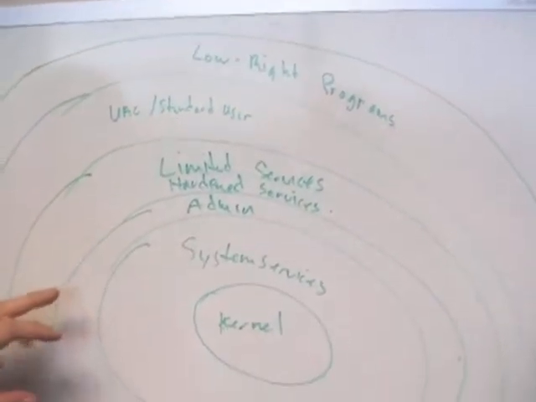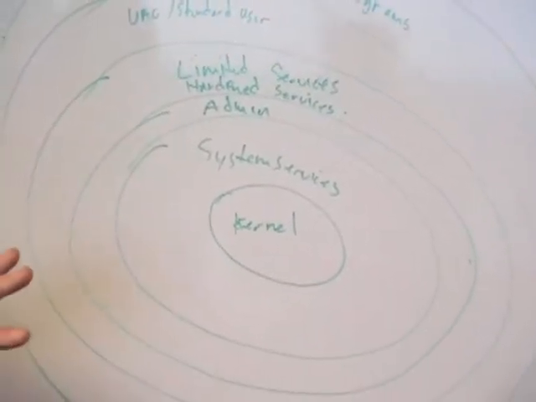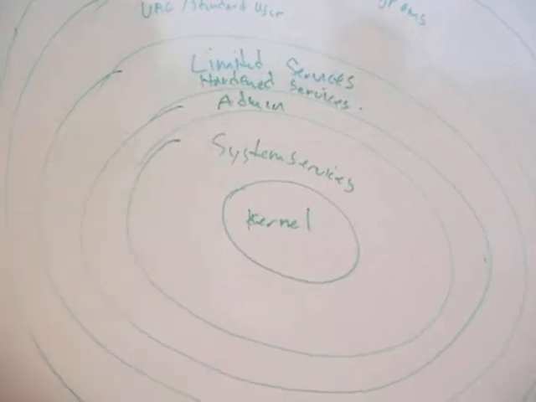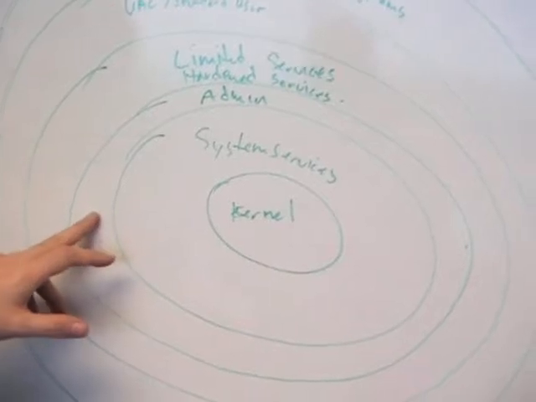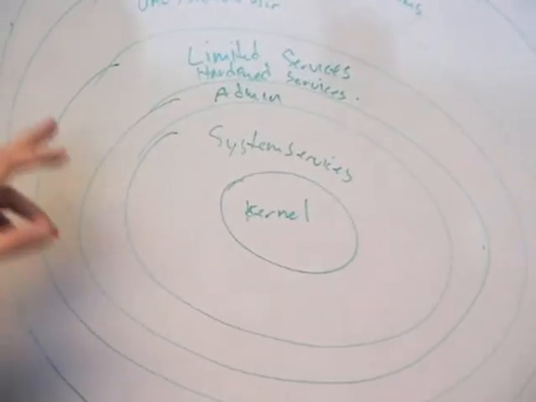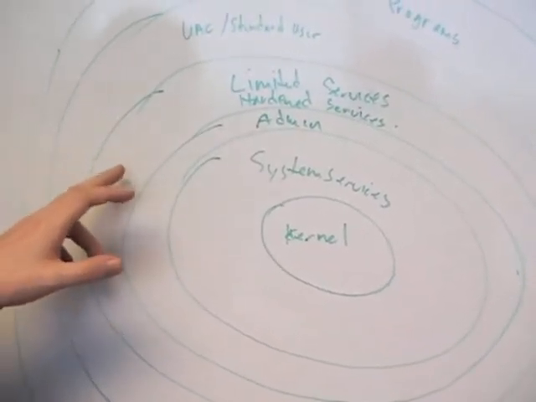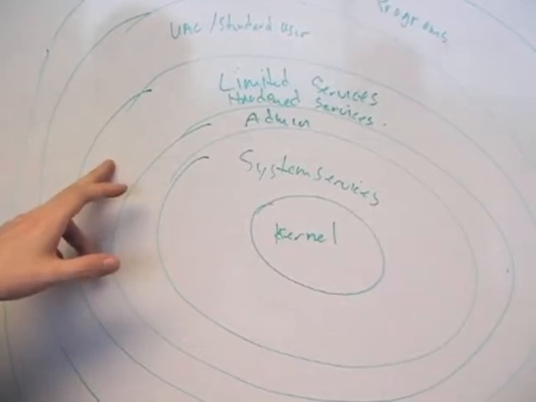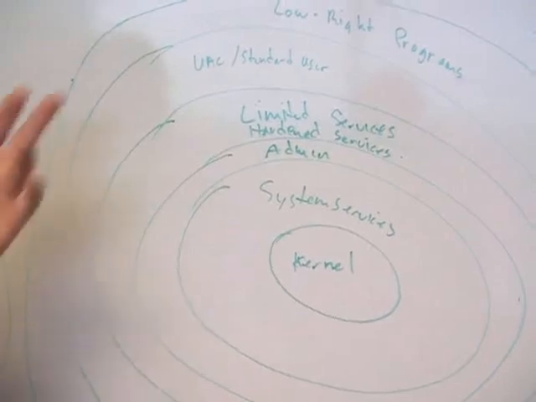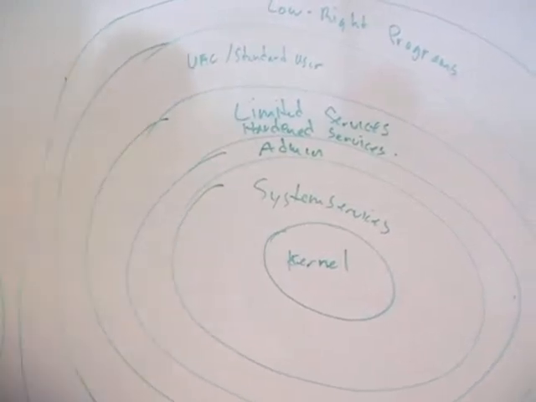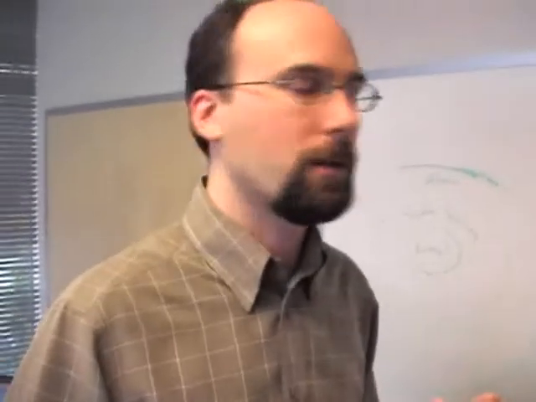And in certain elevation scenarios where you need to be an admin, you've got code running here. But if you look at a steady state system, there's generally very little code running as admin. There's a lot of system service code running limited here, and most of the code running as the user is going to be in these two. So if something goes wrong, the system is in a much better position to protect the user. Great. So that's really an onion view of what I was talking about.